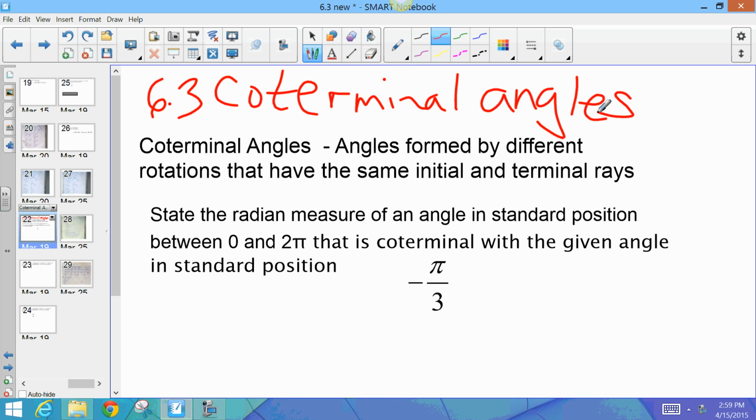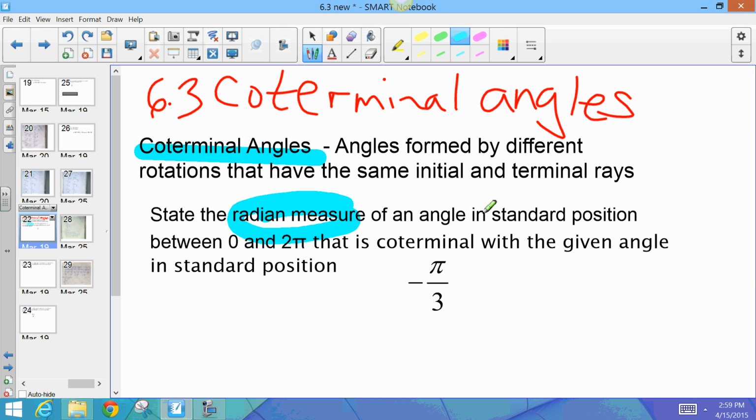All right, you should already have the definition of coterminal angles in your notes. When we discussed it earlier in this section, we were measuring the angles in degrees. The only thing that's different now is that we are using radian measure.